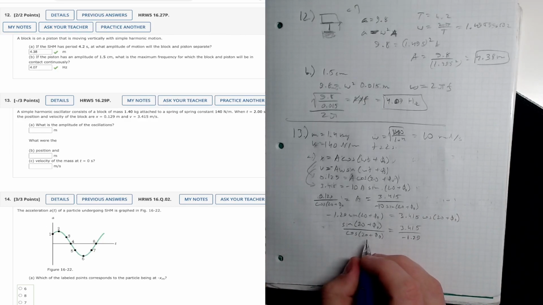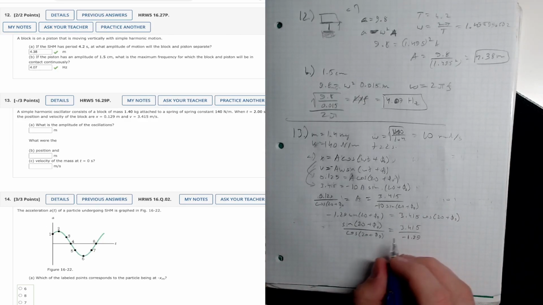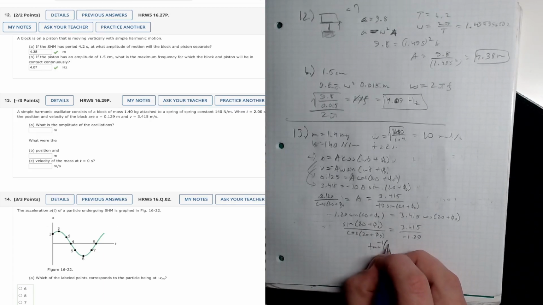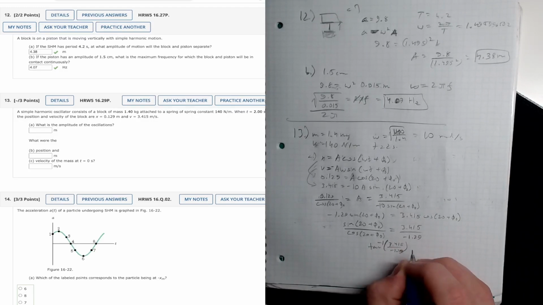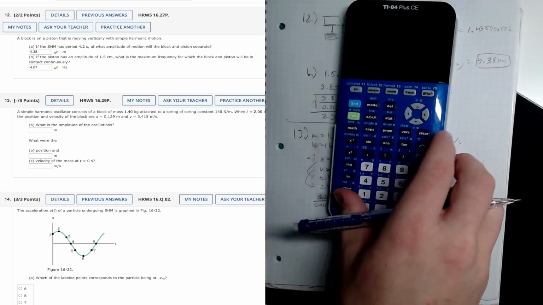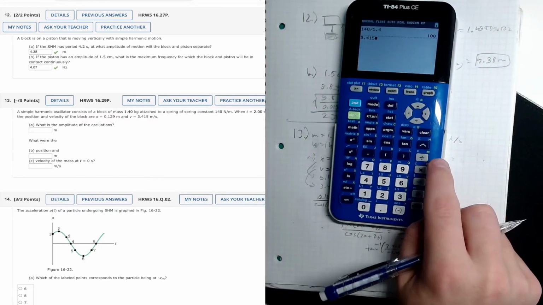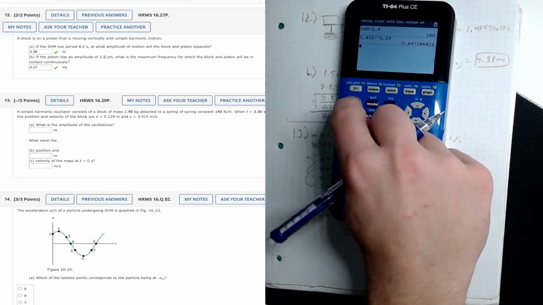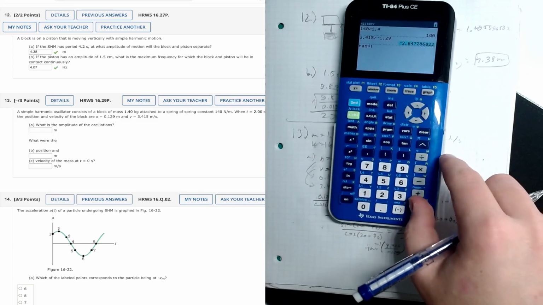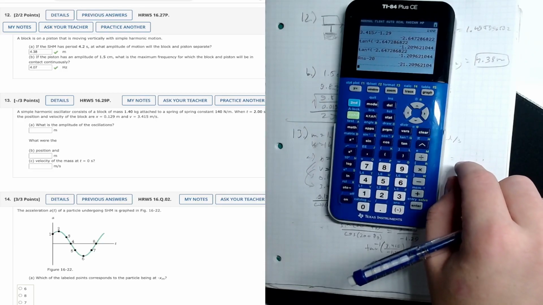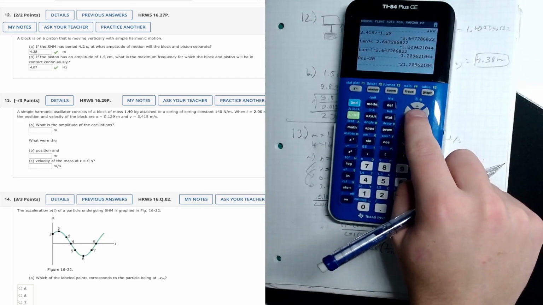This becomes the tangent. The opposite of tangent is arctan, so arctan of 3.415 over negative 1.29 equals 20 plus the phase constant. Subtract 20: 3.415 divided by negative 1.29, arctan of that, subtract 20, negative 21. That's the phase constant. It's going to be negative 21.